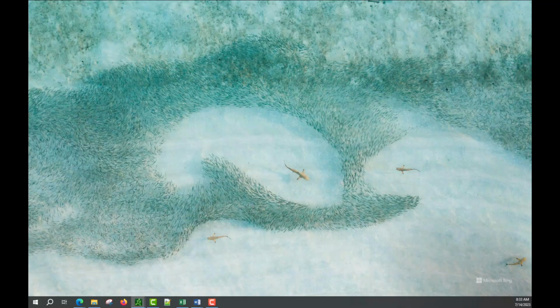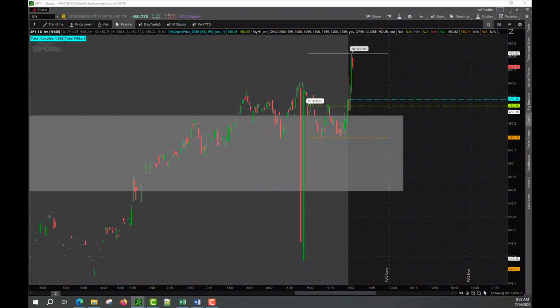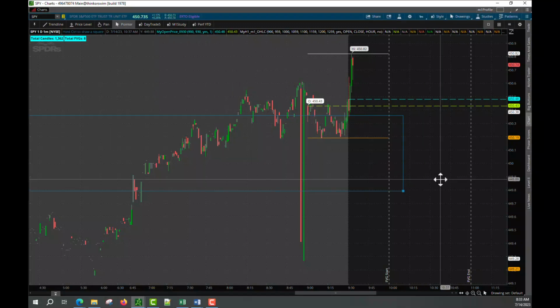Let's look at the 5 minutes. Do we see anything? Yeah, so this level is a key level that we identified for now, so we just watch to see how the price reacts to this level.